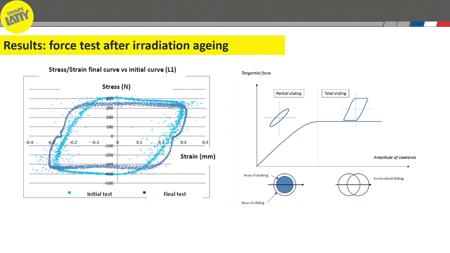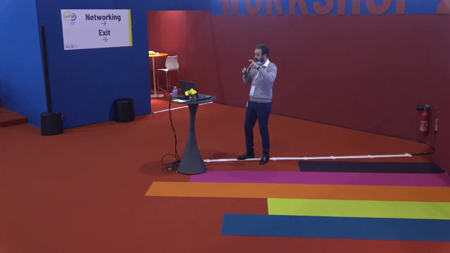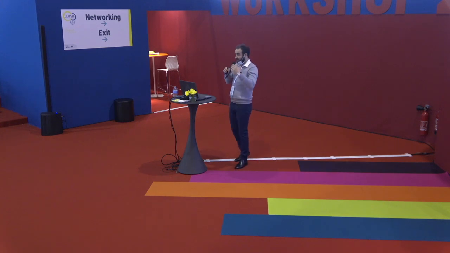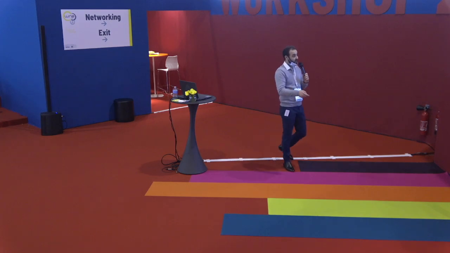The results showed that no deviation was observed between a new one and an aged one. The most important result is the behavior of the O-ring, which kept sliding without wrapping, which is quite important, because in this manner we eliminate a kind of tear and shear stress on the O-ring, and we increase its lifetime. So here we maintained a good, desired behavior.